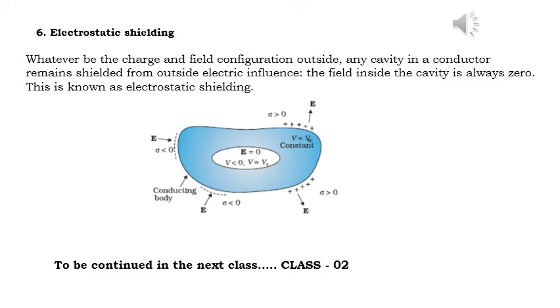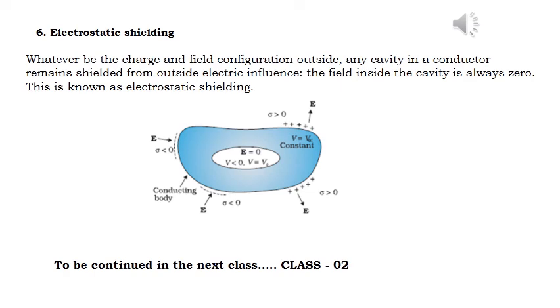In realistic situations, electrostatic shielding is very useful. To protect any electrical and electronic gadget, we have to keep it within a hollow conductor. For example, the refrigerator body is a conducting body, but the components inside are safe due to electrostatic shielding.